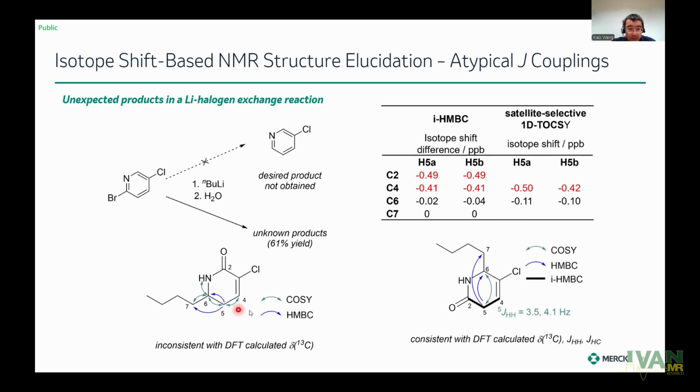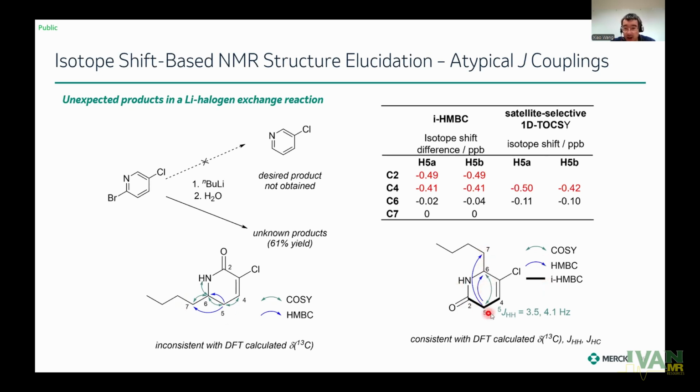And if we map the COSY and HMBC correlations to the correct structure, this is what we see. The COSY between H5 and H9 here is actually a 5-bond proton-proton coupling that is as large as 4 Hertz. And the HMBC used to determine that the tert-butyl is on this side and the n-butyl group is on this side of the molecule is actually a 4-bond and 5-bond CH correlation.